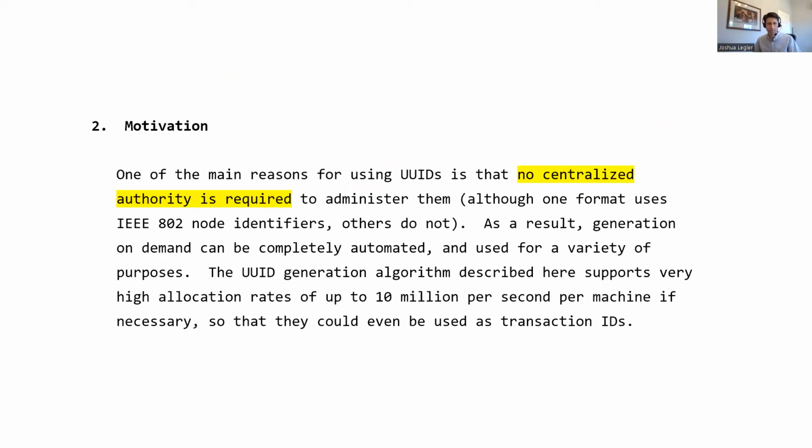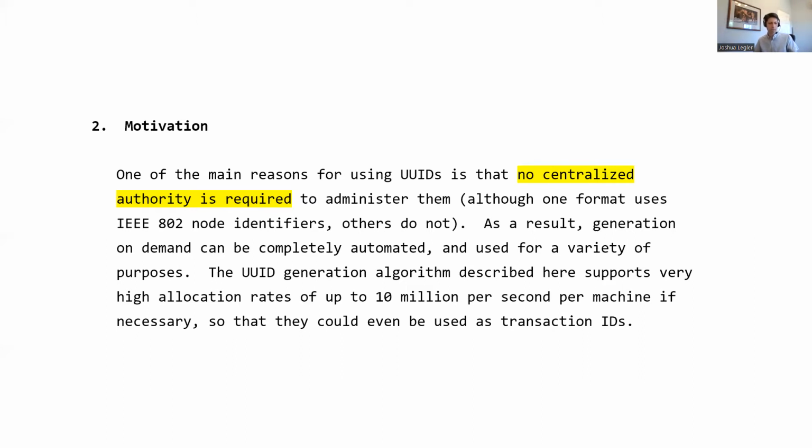In the motivation for the standard, they wrote that no centralized authority is required to administer UUIDs. That's a really important concept. They came up with an algorithm so that any software system anywhere in the world can generate a UUID using the algorithm. And it's guaranteed that no other software product in any other location at any other time has ever generated that same UUID, nor will it ever generate that same UUID in the future.